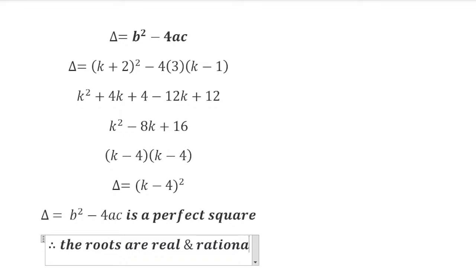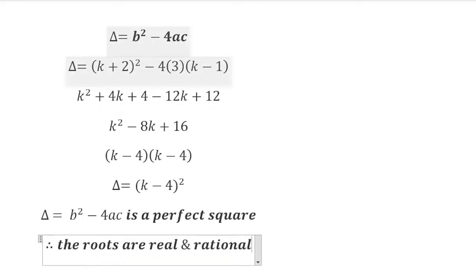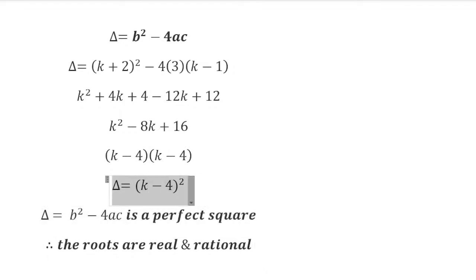When you talk about rational, we're talking about a perfect square. So we've proved that the roots are real and rational because delta is a perfect square. Remember, anything under the square root should be greater than or equal to 0, right?